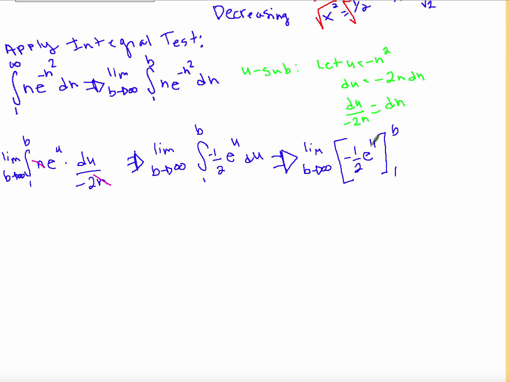Now, I like to substitute my u back in instead of changing my upper and lower limits of integration. So that's what I'm going to do. I've got the limit as b approaches infinity of negative 1/2 e to the power of, remember, u was negative n squared. Fun times. All right, let's go ahead and substitute in our b and our 1 into this problem.